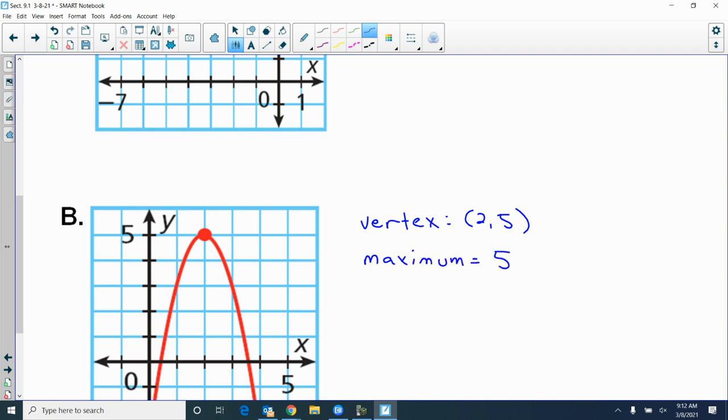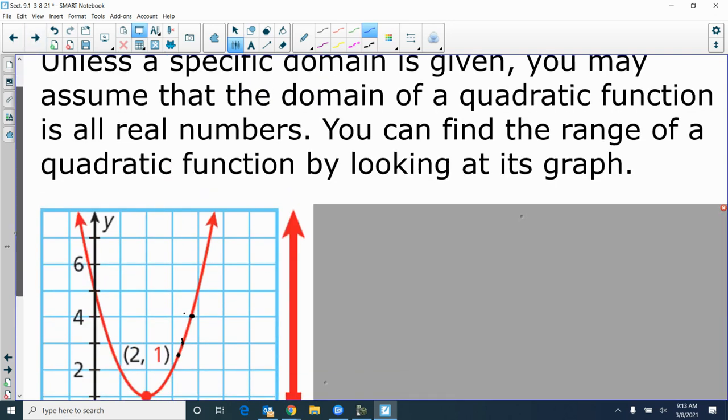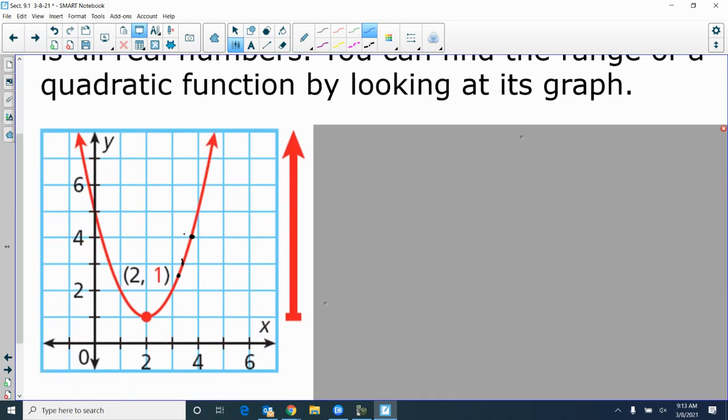All right, now the thing we've got to watch out for next is what they call domain and range. The domain is your x values that you see, the range is your y values. So you take a look at that first one. See this thing to the side? That shows you all the y values.